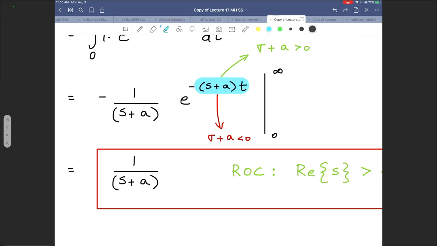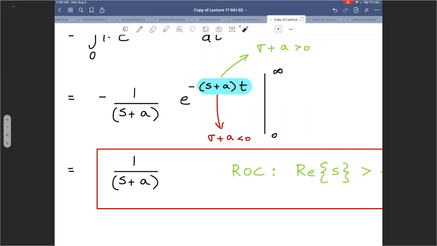So if the blue highlighted one is positive, then e to the negative x will be smaller, right?